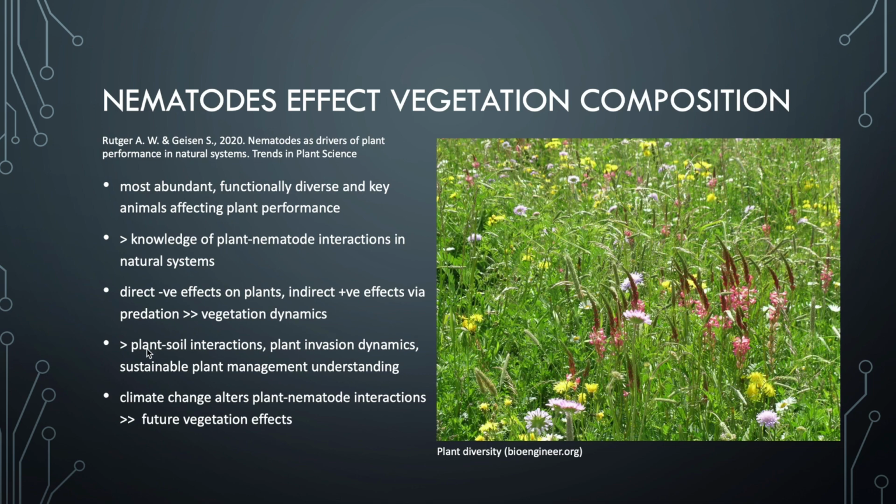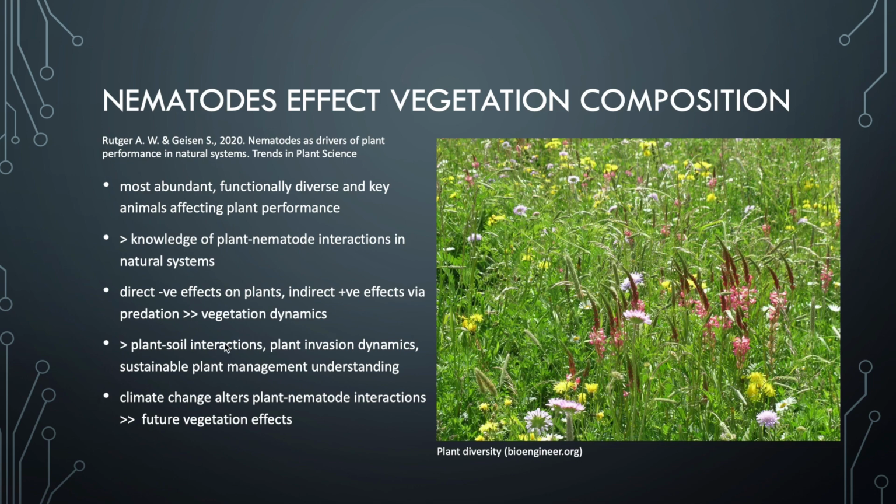Because without knowledge of this very important component of the soil ecosystem and its interaction with plants and vegetation composition, we are unable to understand their role as well as their importance in driving that composition of a particular vegetation type.